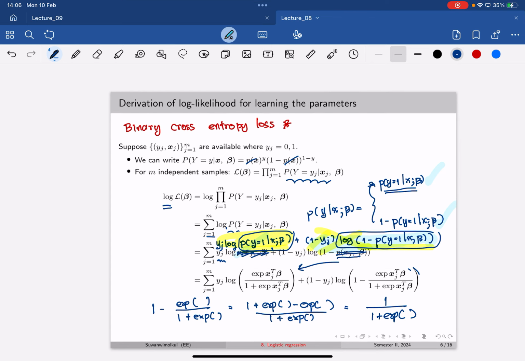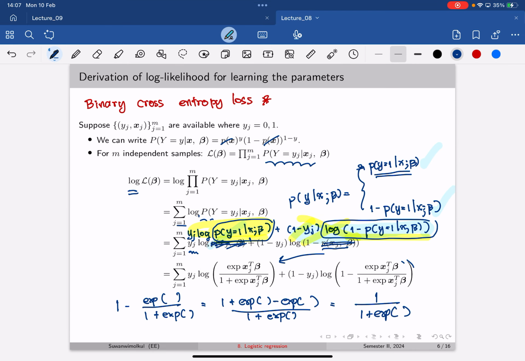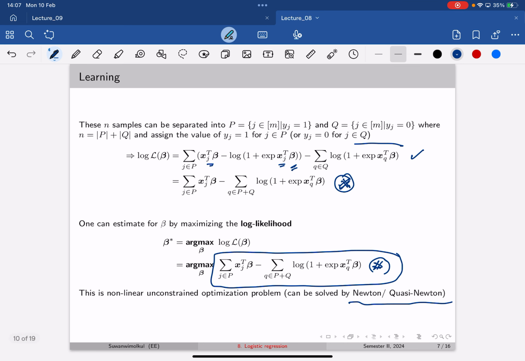So if you take the log of this term, you end up with log of 1 minus log of 1 plus exponential term, and log of 1 is equal to 0. That's why you will end up with only this term at the end.